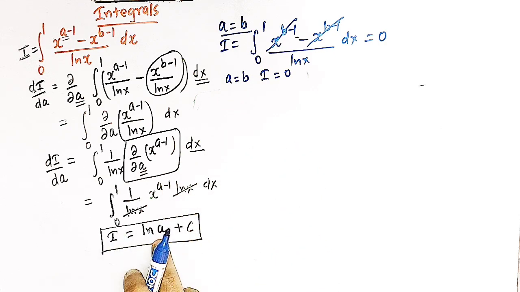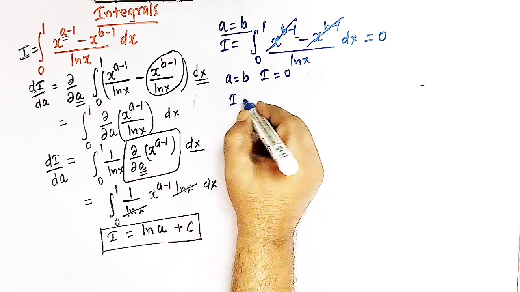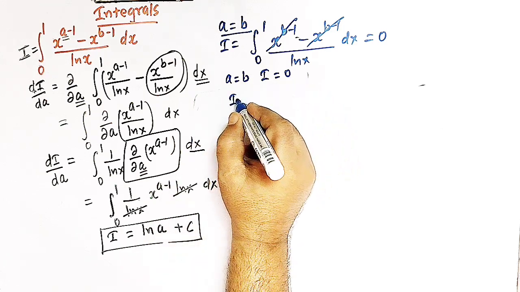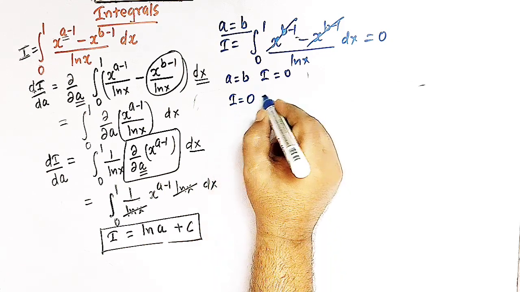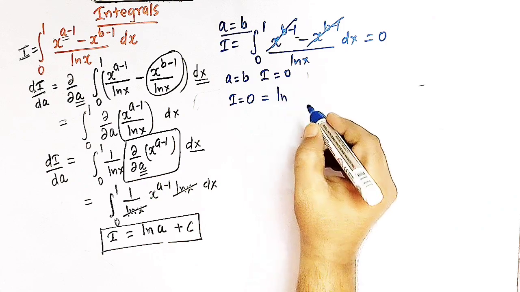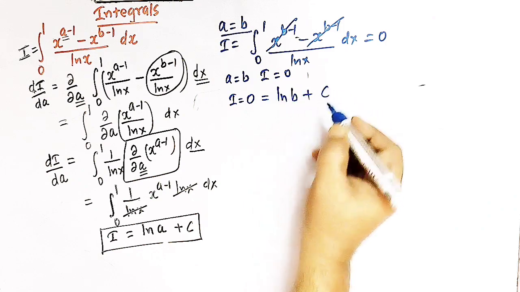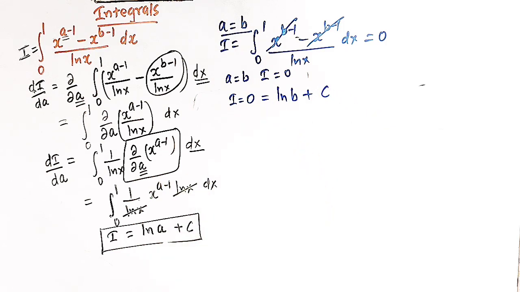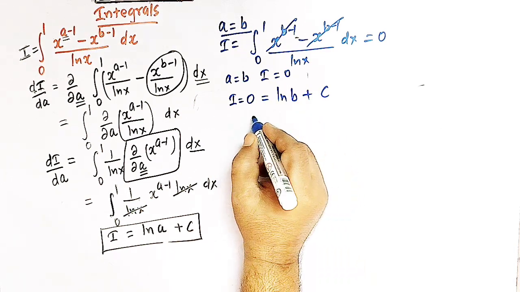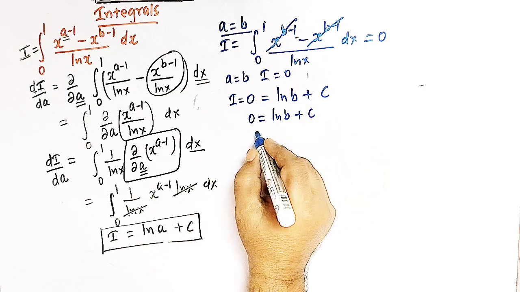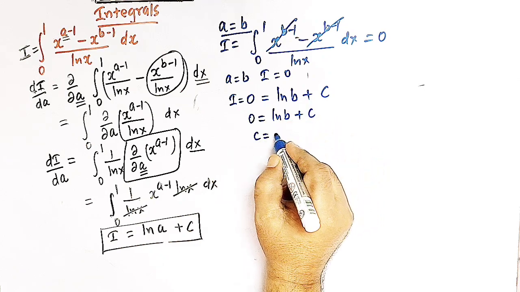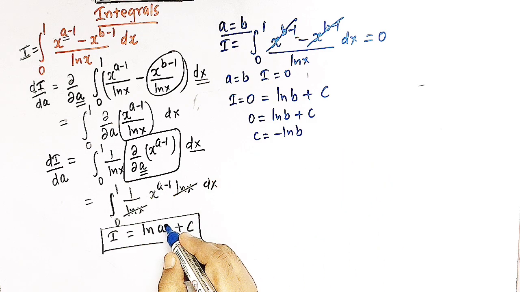Here taking a is equal to b, we have I is equal to 0, and that is equal to natural log of b plus c. So now solving this equation, that is 0 is equal to natural log of b plus c, we have c is equal to negative of natural log of b, right?